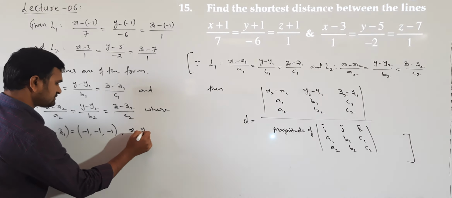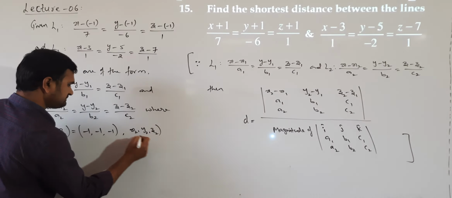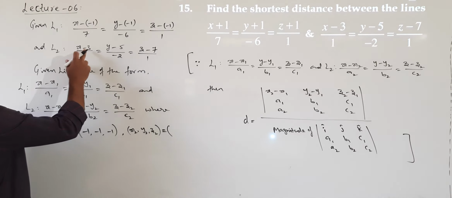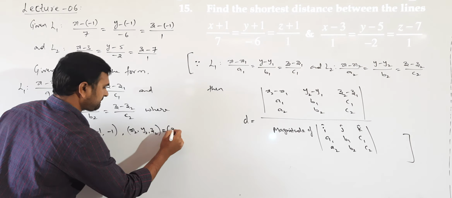Next x2, y2, z2 is, comparing second line, 3, 5, 7.